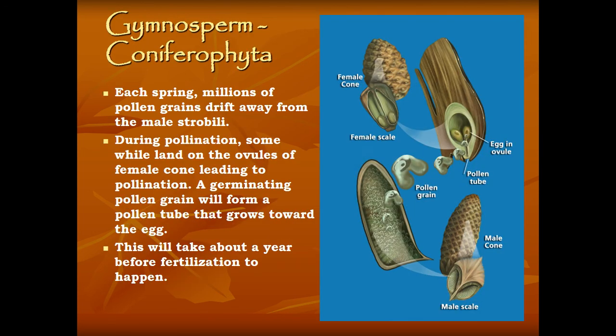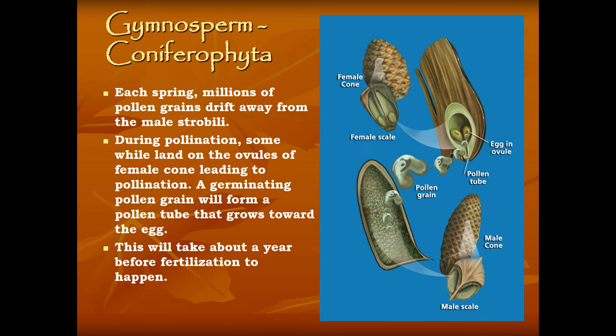So each spring, millions of pollen grains, which contain the sperm, will drift away from the male strobilus. During pollination, some pollen grains land on the ovules of the female, leading to pollination.